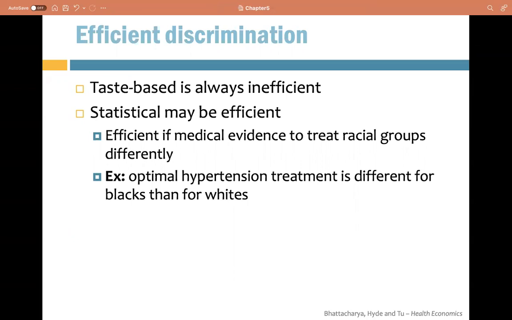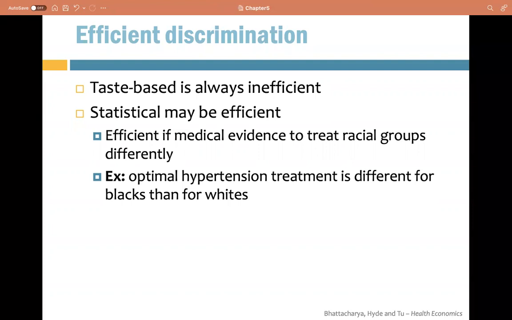It has nothing to do with the patient. And so the patient is always worse off when the physician has their own idea. Statistical discrimination can be efficient, if the medical evidence to treat racial groups differently is actually helpful.